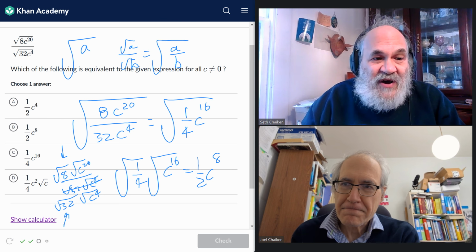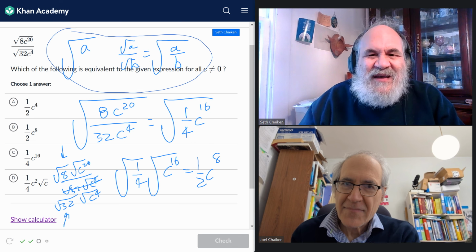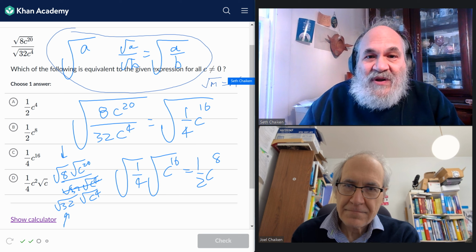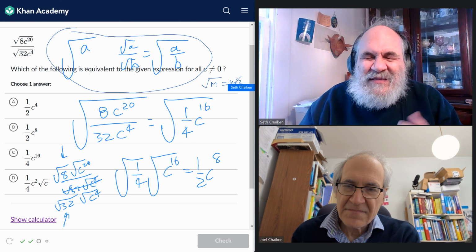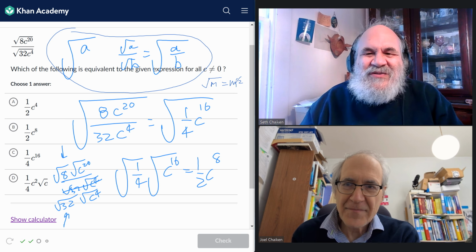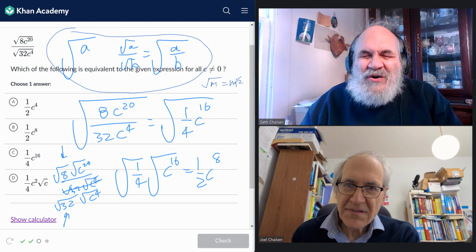Making use of fundamental formulas, together with the fact that the square root of something m can be rewritten as m to the 1/2. Those rules. I didn't do calculations of square roots of a quarter. Okay, that's follow your nose.